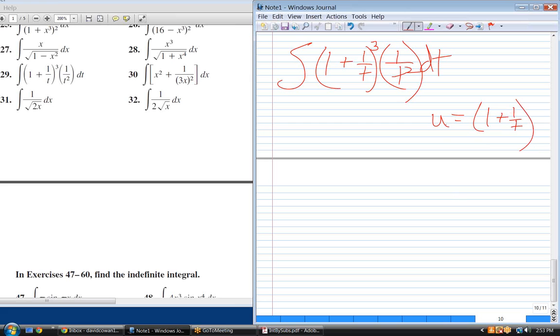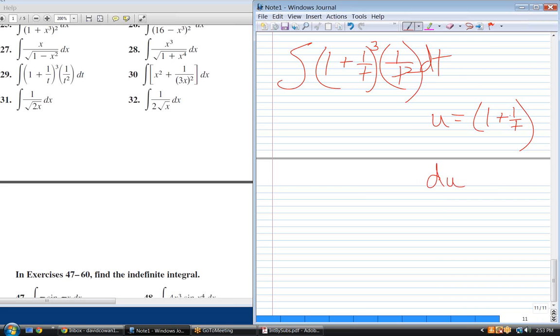In other words, if I let u equal this, well then this whole thing turns into u cubed. I know how to integrate that. The question is, will I get rid of this 1 over t squared? Might.